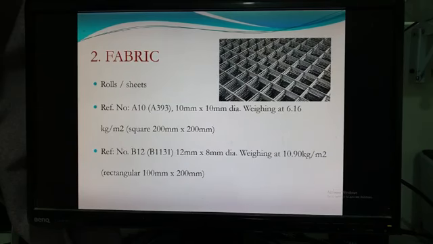The squares are about 200 by 200. But the BRC B12, the diameter is 12 and 8 mm, so it has two different sizes. That's the weight, a lot heavier. The rectangular shape is 100 mm times 200 mm. So different types of fabric reinforcement have different specifications.